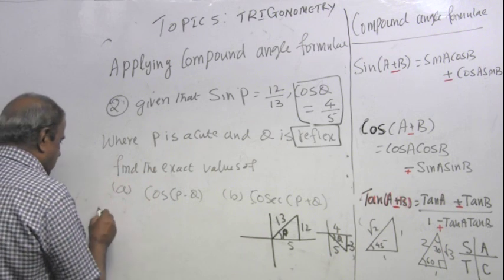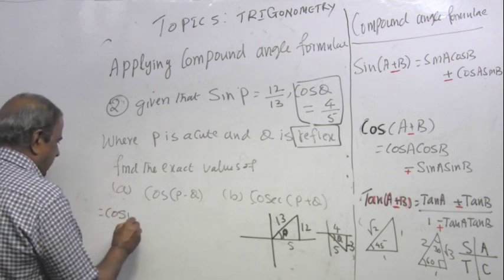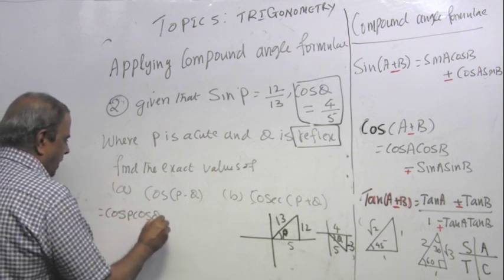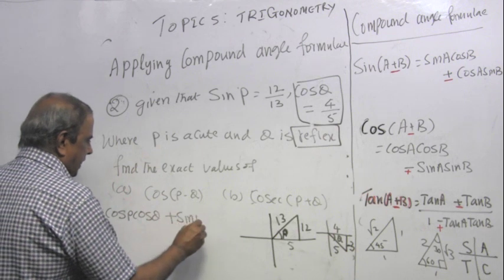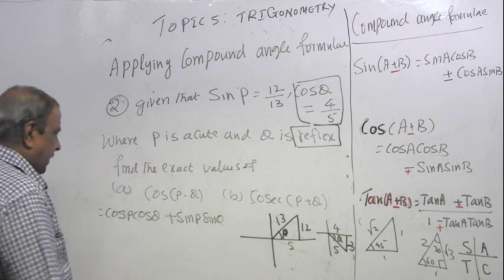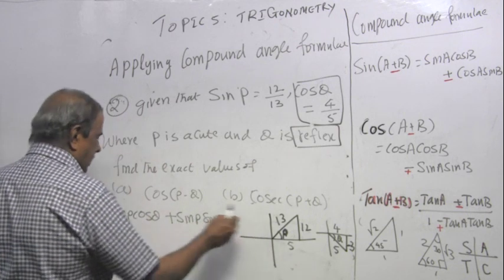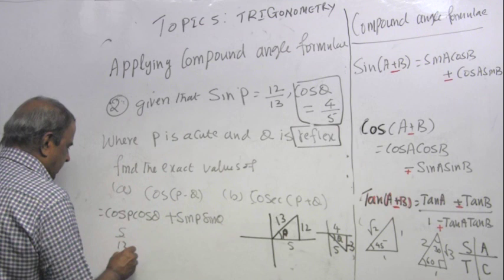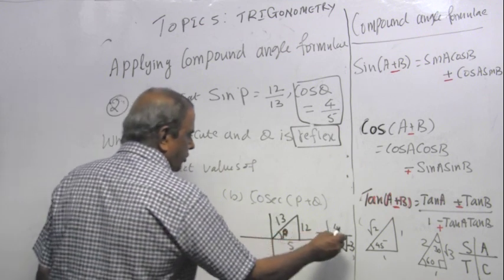So what is cos of P minus Q? Cos P cos Q plus sin P sin Q. What is cos P? Adjacent over hypotenuse, 5 over 13. What is cos Q?